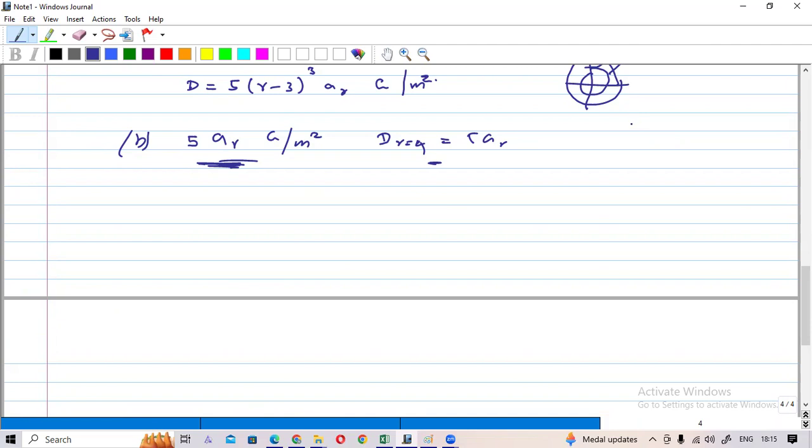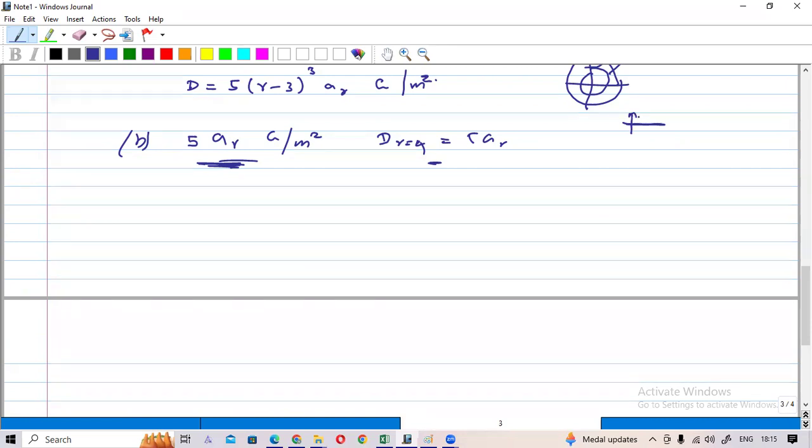In Gaussian law, the total flux through a surface, perpendicular to the surface, is equal to Q, the total charge.